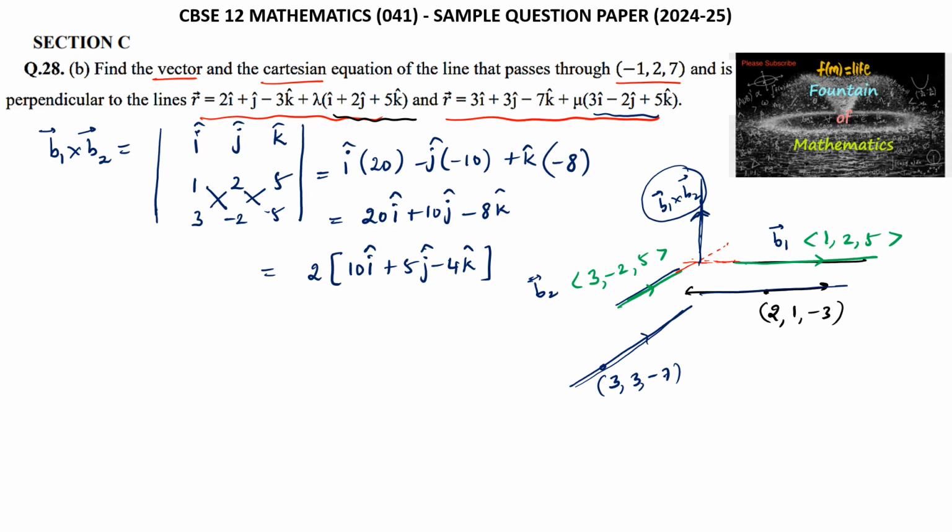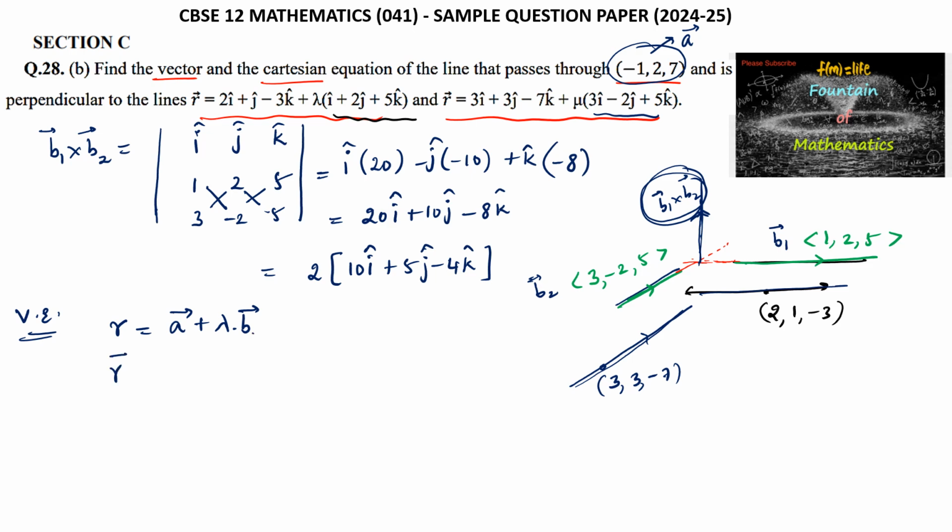Now we know that the vector equation of the line passing through the point (−1, 2, 7), let us consider this position vector is a, is r equal to a plus lambda into b vector. B vector is parallel to this, so we may consider b1 cross b2.